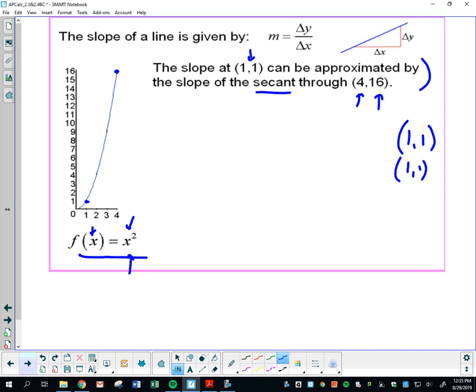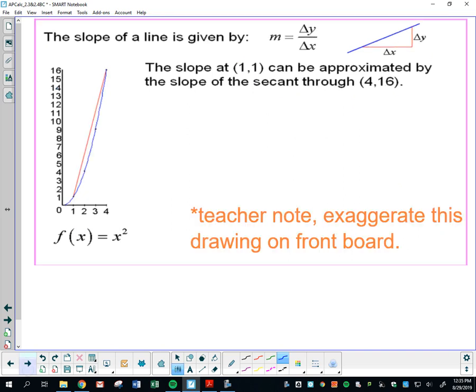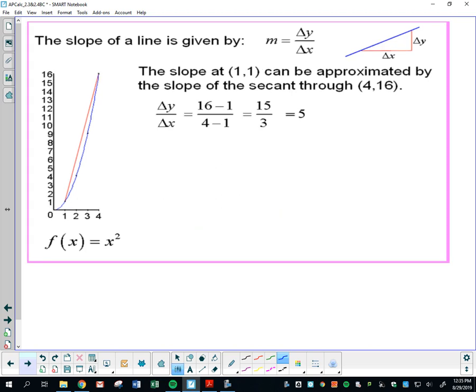Now, I'm going to try to do this on the smartboard. It's not going to be a perfectly straight line, but what I'm doing is calculating the slope of that blue line. I would normally put this on the board, but here you go: the slope of that approximate line, now drawn a little better digitally in red, is 5.